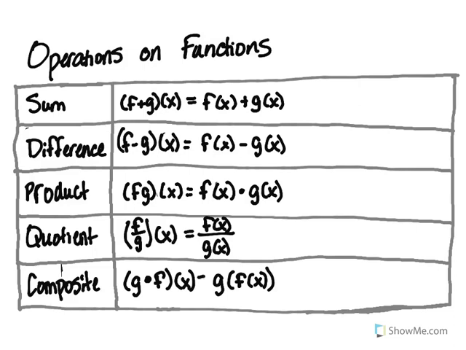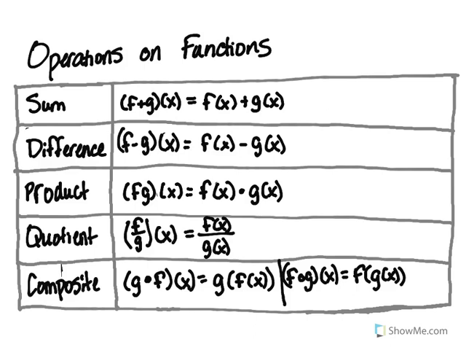Now we also have f of g of x, which you can probably already guess what it's going to be: the function f of x with g of x on the inside.